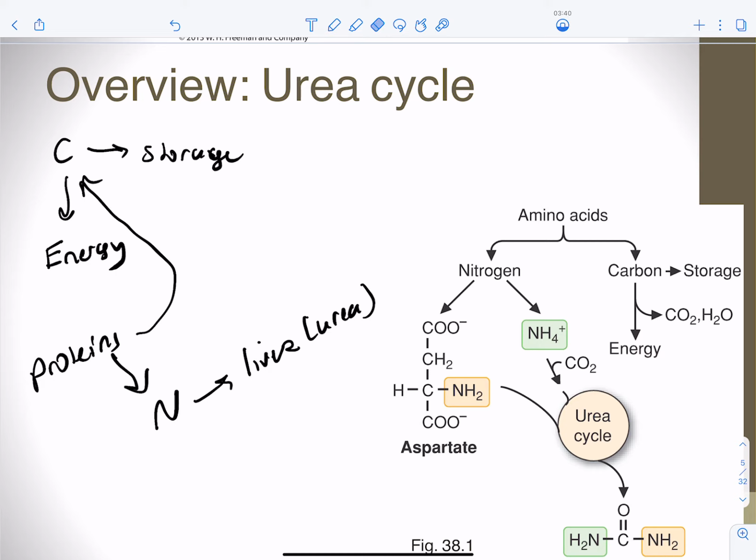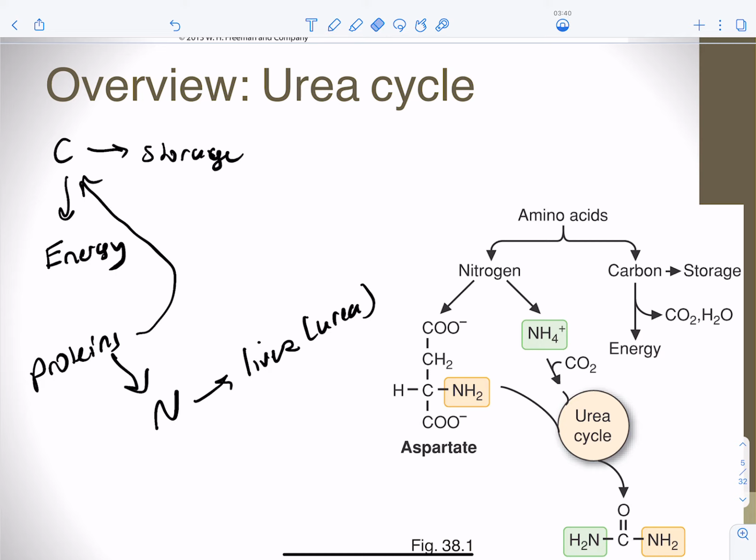Glutamine is going to go to the gut, or glutamine is going to go to the kidney. Both the kidney and the gut will transfer those nitrogens back into alanine, and alanine will feed into the liver, and it's going to go towards gluconeogenesis or ketone body formation. The nitrogen gets packed up into urea, and it goes into urine for excretion.